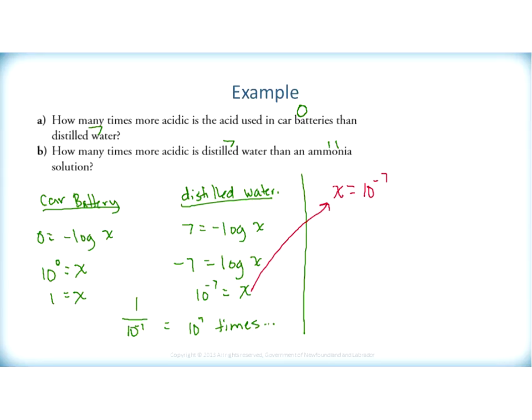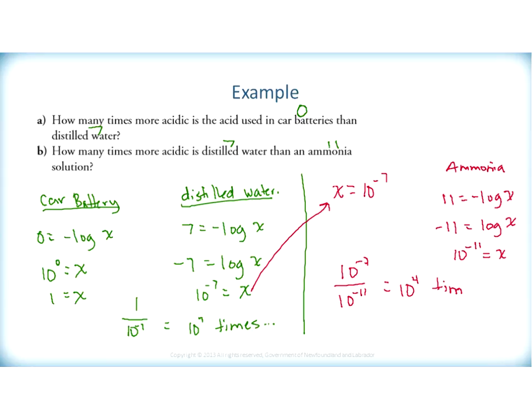For ammonia, 11 will equal negative log x, and so negative 11 would equal log x, and so 10 to the negative 11 would be x. So how much more acidic is distilled water than ammonia? We have 10 to the negative 7 over 10 to the negative 11. This will give us 10 to the power of 4 times more acidic.